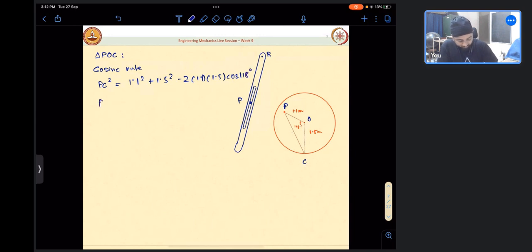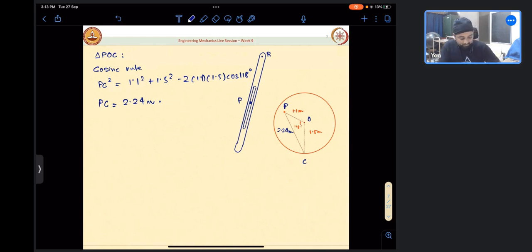So PC comes out to be root 5, which is 2.24 meters.